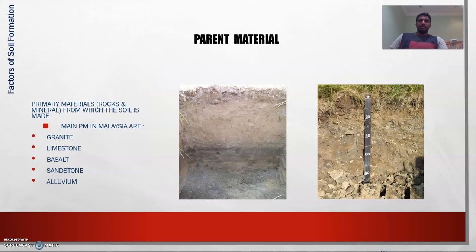Okay, parent materials were also already explained previously. In Malaysia, we have 5 main parent materials: granite soil, mostly found in Perak and Pahang; limestone in Sarawak, Pahang, and the KL Selangor area; basalt in Sabah and Pahang; sandy stone in Pahang and Sabah, especially Sandakan; and alluvial in Sandakan.